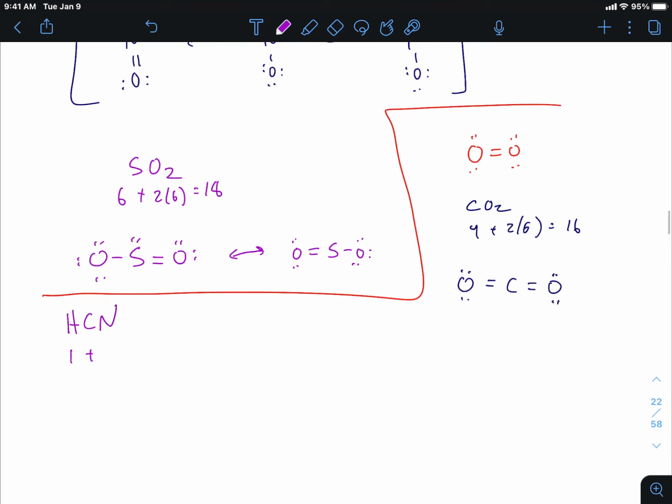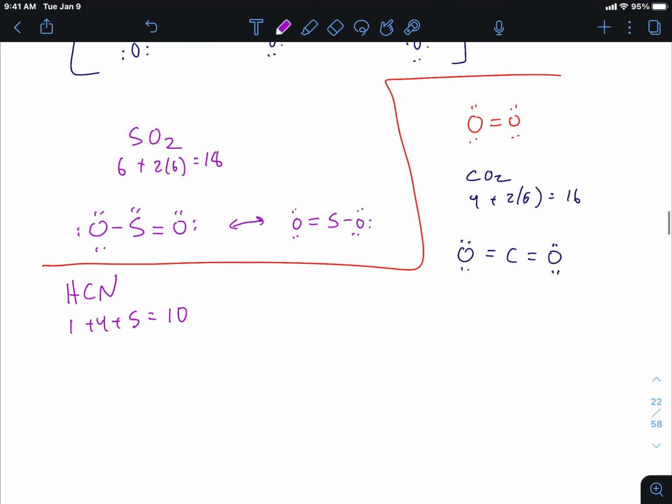Okay, one more example. HCN, so 1 plus 4 plus 5. So we've got 10. Remember how you decide what element goes into the center when there are 3 elements? Yeah, Mackenzie? Isn't it like the lowest ionization energy? Electronegativity, yes, good. Lowest electronegativity. So hydrogen can't be in the center, and between carbon and nitrogen, carbon has the lowest electronegativity, so carbon's in the center.